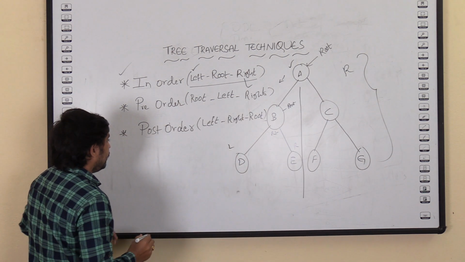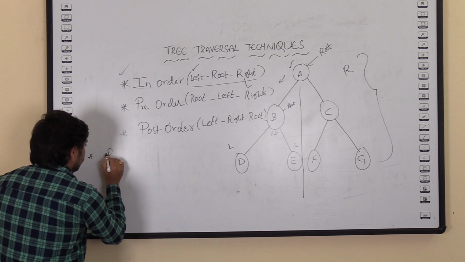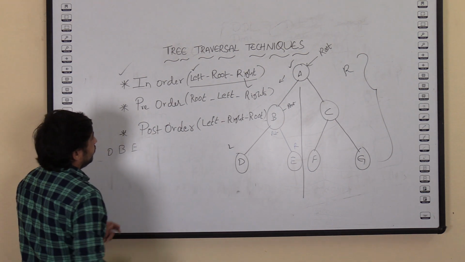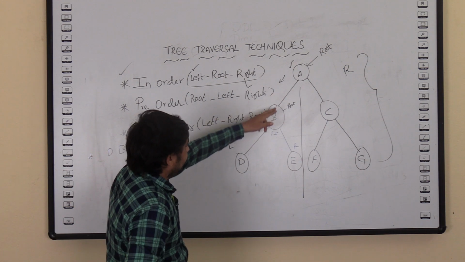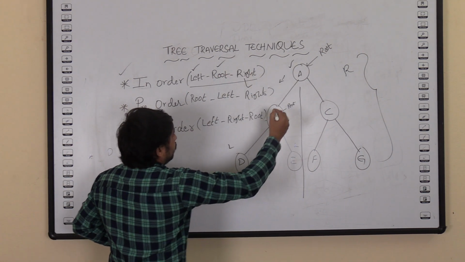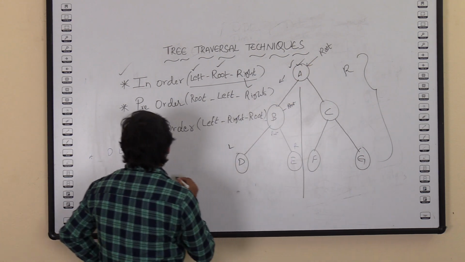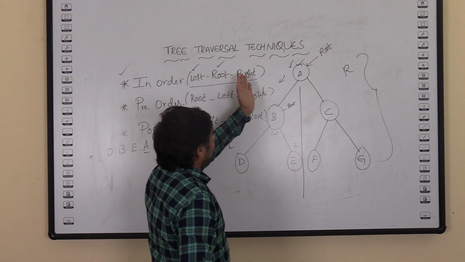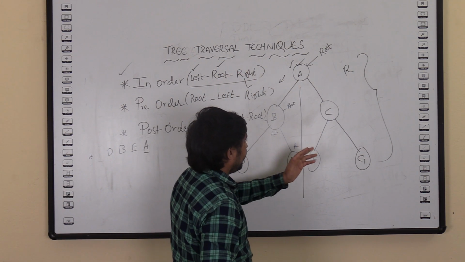The data will be represented with first element D, another one is B, next one is E. After the left of the tree is completed, the root node is represented. Root node is absolutely A. Then I will move into the next position, the right side.